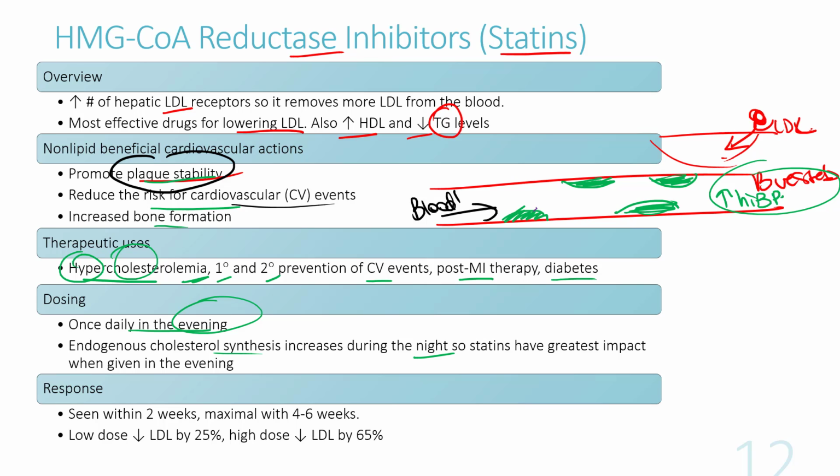Right? The response is seen within 2 weeks. It's maximal within a month or so. Right? So low dose of statins can decrease LDLs by 25%. High dose of statins can decrease LDLs by 65%. So those are all good numbers.